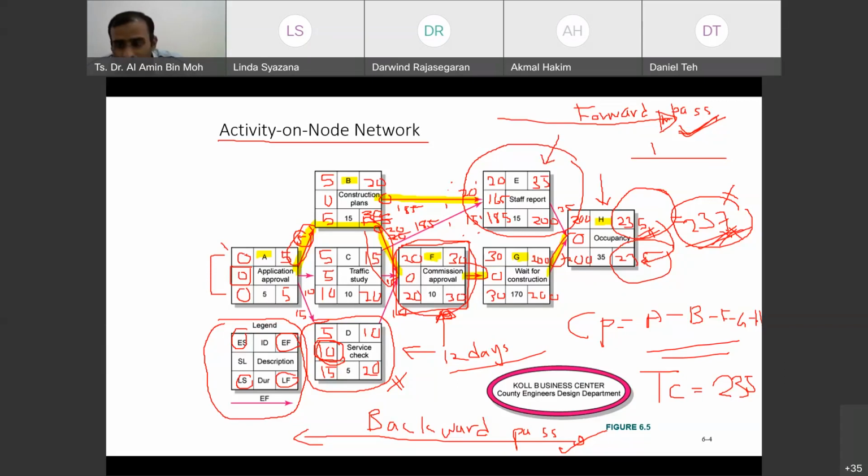Aha, good answer. Why are you thinking that? B and C will be affected. Okay, how will it be impacted? C. Sorry, C. Yes.